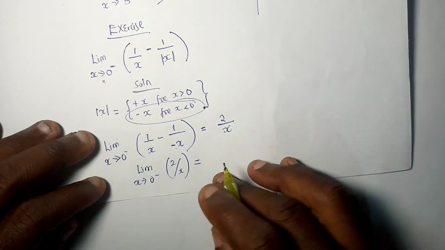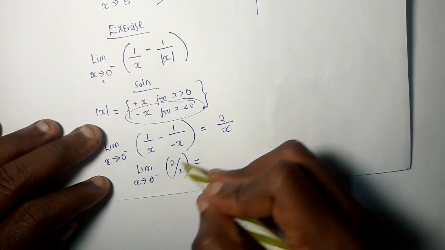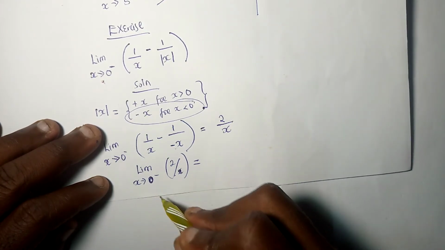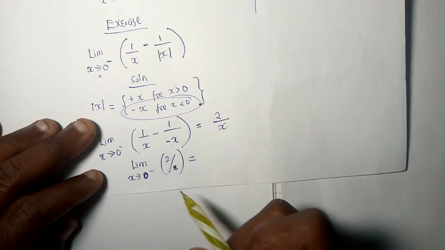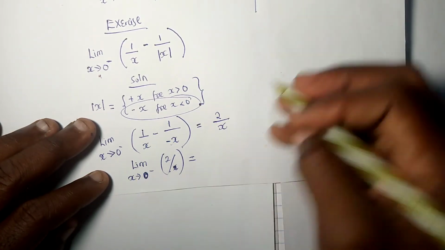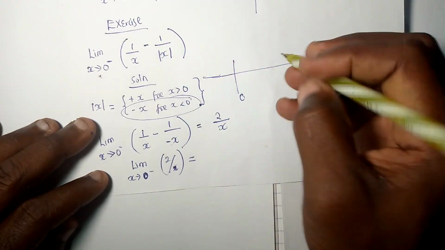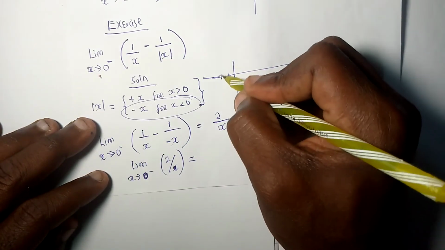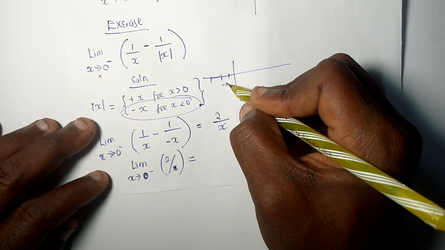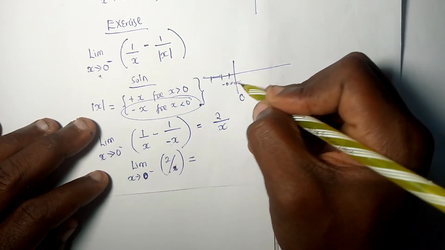So in this case, it is 2 divided by x, and 0 basically is a very small number. All right, so we are assuming we have values, I can just draw a number line here. So 0, and we have values on this side that are approaching 0. So this might be something like negative 0 point something, very small values.